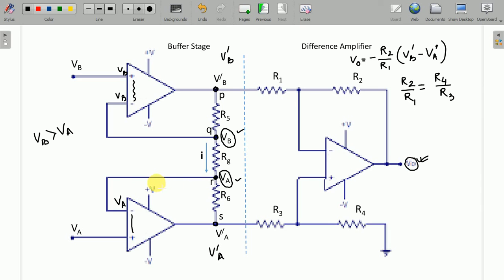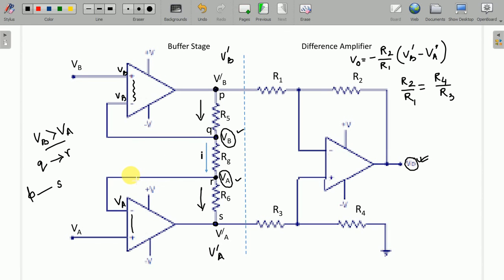So if VB is greater than VA, there is a current flowing from Q to R. The same current will flow from P to S because no current flows within the operational amplifier.